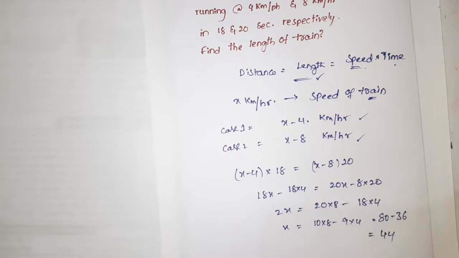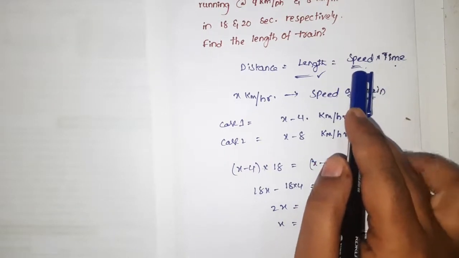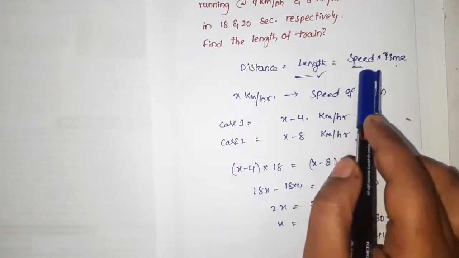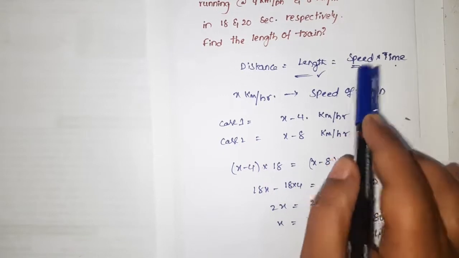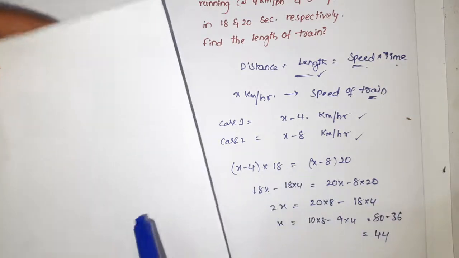The speed with which the train is traveling is 44 km per hour, but actually what we need to multiply with is the relative speed. I said it earlier, here speed is nothing but relative speed, since both men are running in the same direction, so we use relative speed.